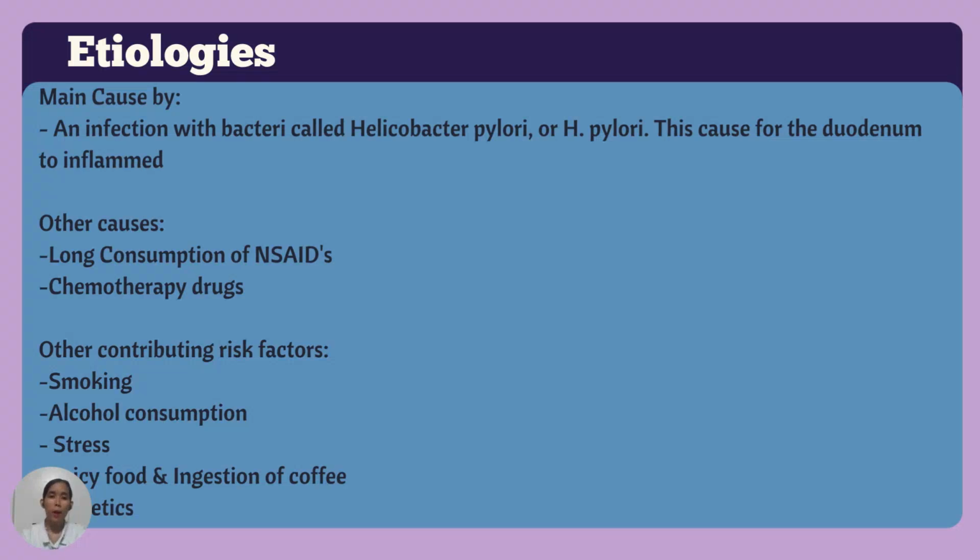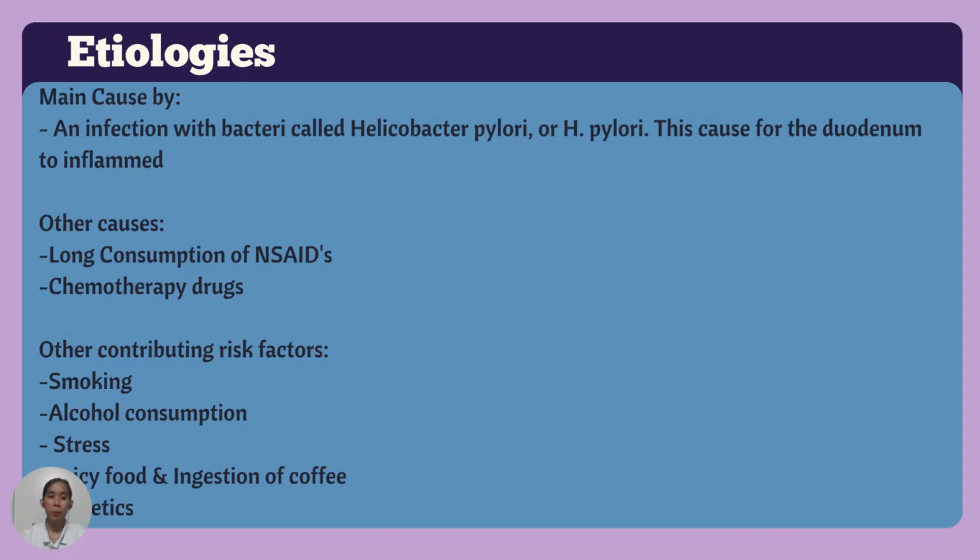So why NSAIDs? Because these can cause ulcers by interfering with the stomach's ability to protect itself from gastric acids. As for chemotherapy drugs, these can cause mouth sores such as ulcers or infections. Chemotherapy can damage cells in the mucous membrane, so they become inflamed, and this can lead to painful ulcers, bleeding, or infection.